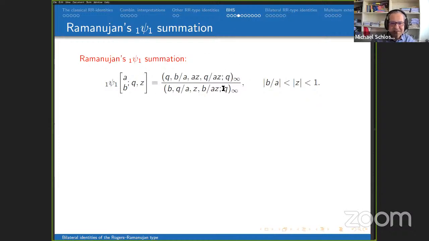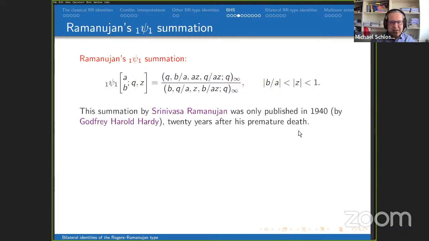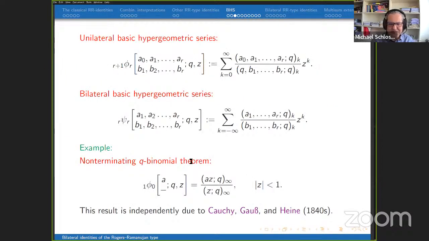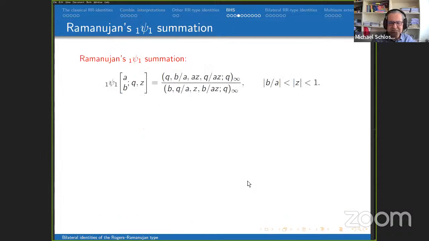And what is very nice is that you have this explicit product containing four factors in the numerator and four in the denominator. Also, if b is q, you have a lot of simplification. Most of these factors just cancel and you're left with the q-binomial theorem, exactly what we have here. I find this extremely beautiful.